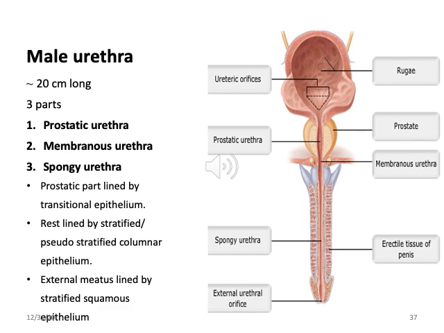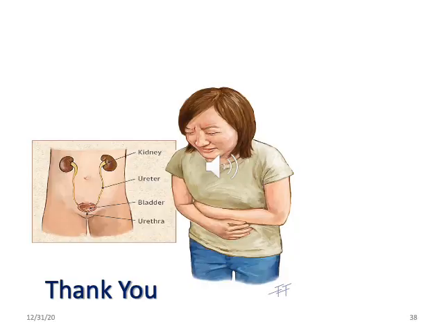The prostatic part of the urethra is lined by transitional epithelium, and the rest of the urethra is lined by stratified or pseudostratified columnar epithelium, and the external urethral meatus is lined by stratified squamous epithelium.